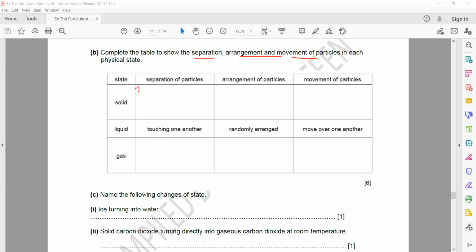If I want to answer the first one, separation of the particles. Are the particles touching each other? They vibrate at one position, tightly packed, and they're touching each other. With reference to the row they completed here, they want you to use that row as a standard. So particles are tightly packed together.